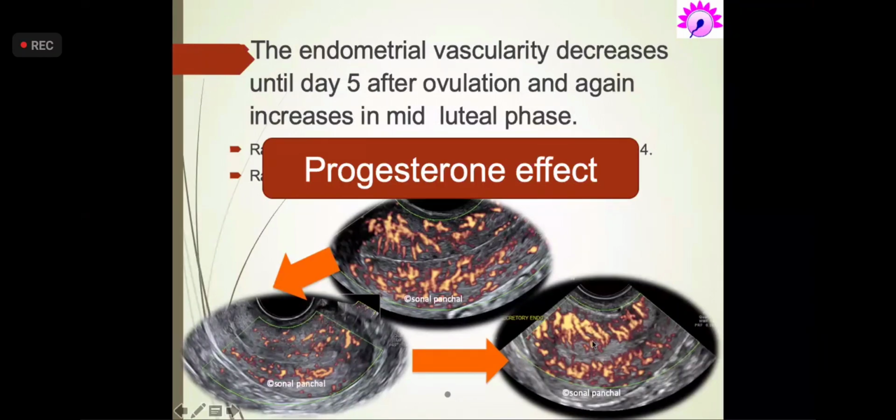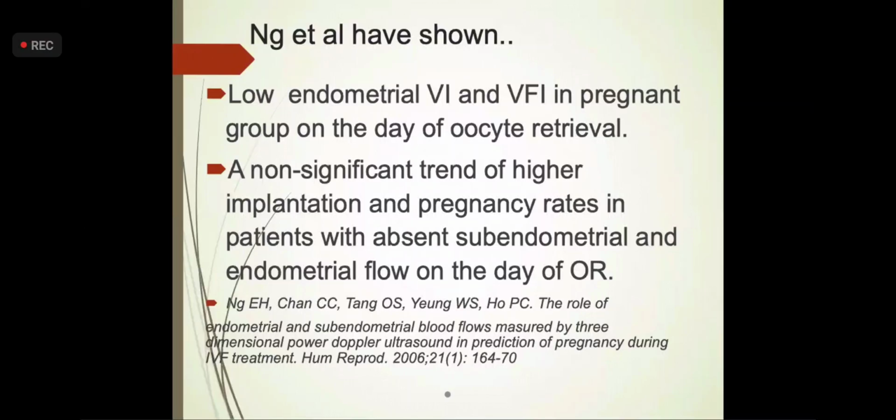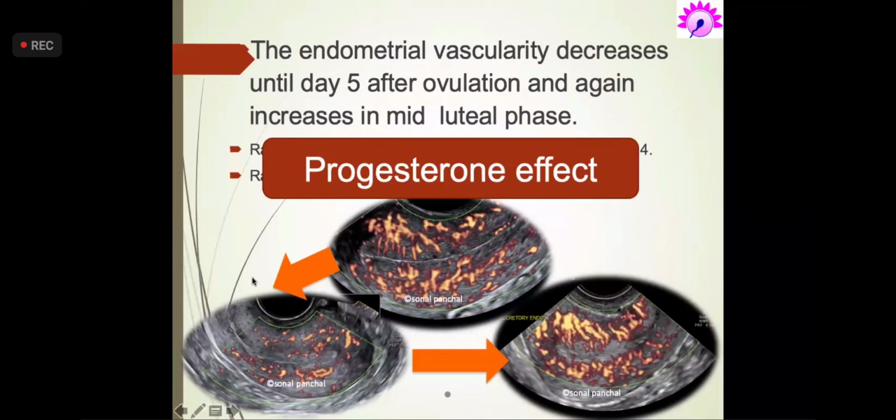And then in the mid-luteal phase, when the progesterone reaches a plateau, that's when the endometrial vascularity again increases. Peri-ovulation and post ovulation is the stage where there's low vascularity and thinned out endometrium.